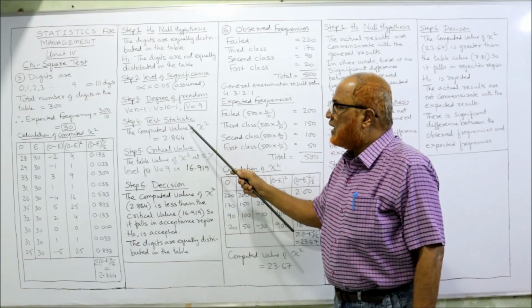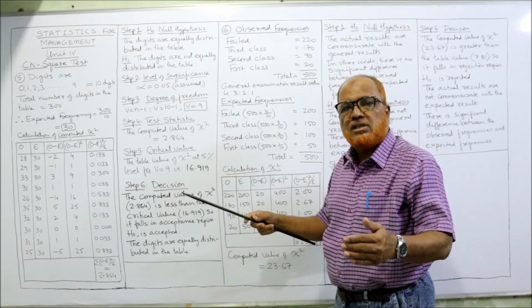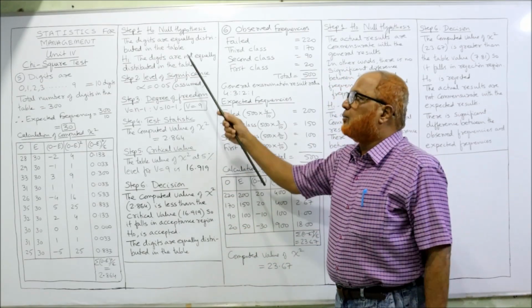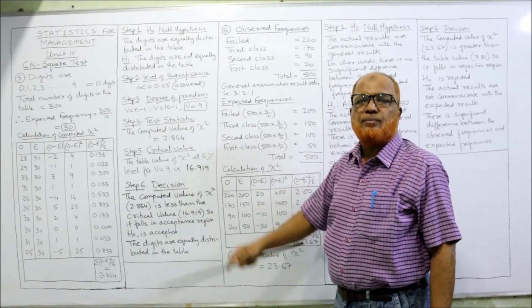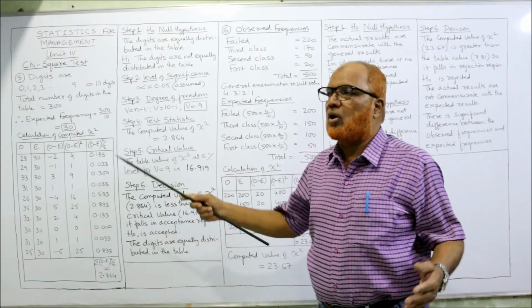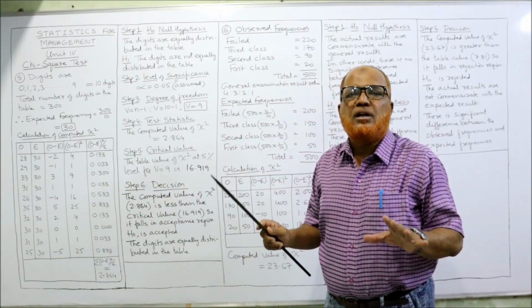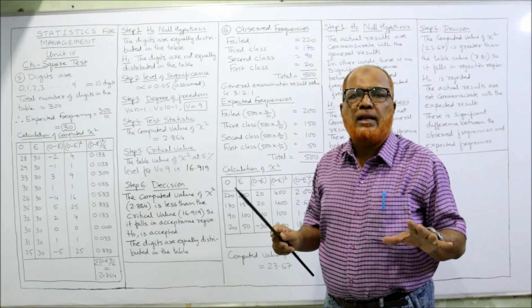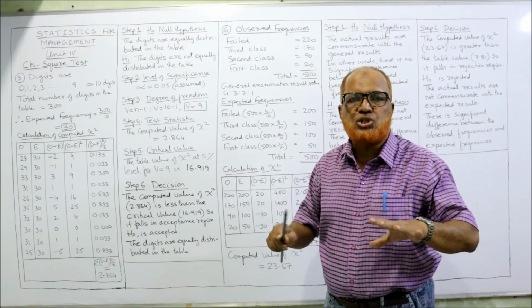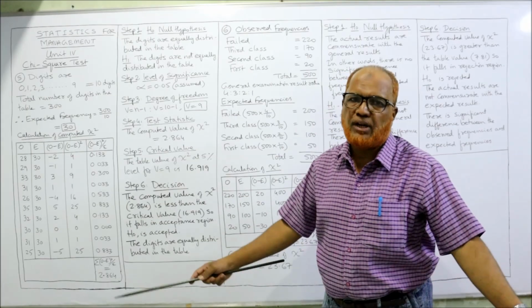So the computed value is less than the critical value and it falls in the acceptance region. The null hypothesis is accepted. We make the conclusion: there is no significant difference between observed frequency and expected frequency. That means digits are equally distributed in the table. That is the conclusion. Finished.